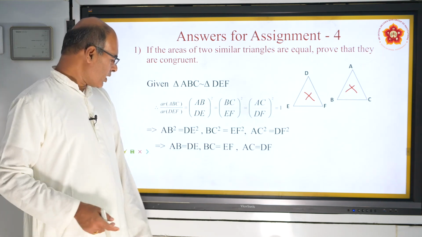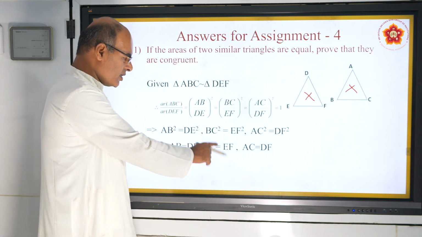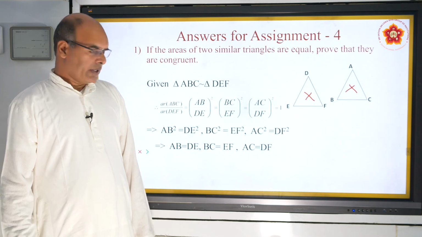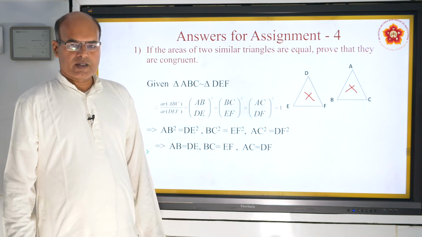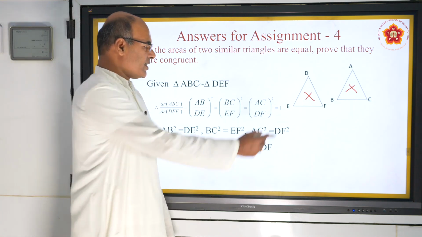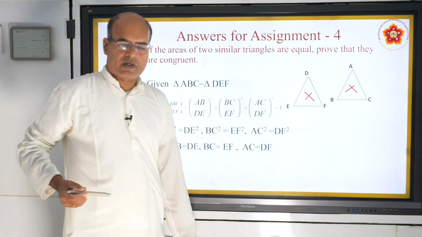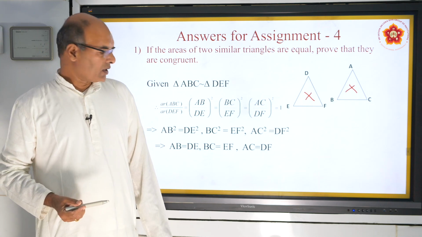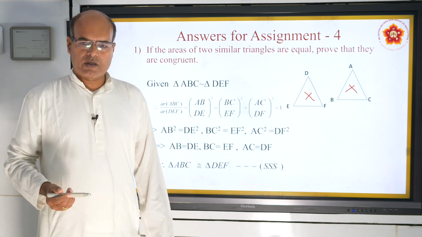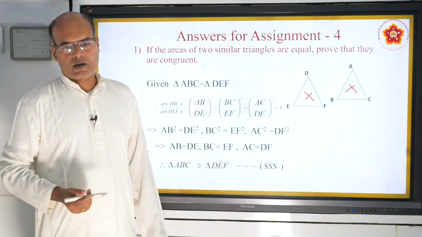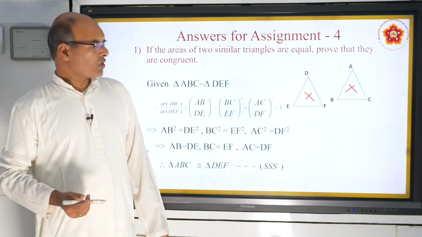On removing the square, we get AB is equal to DE, BC is equal to EF and AC is equal to DF. That means all three sides of triangle ABC are equal to the sides of triangle DEF. Therefore, according to the SSS postulate of congruency of triangles, the triangles are congruent. Let's go to the next question.